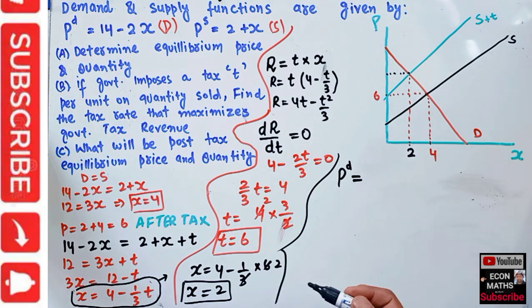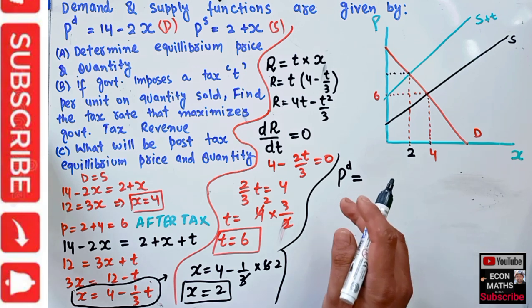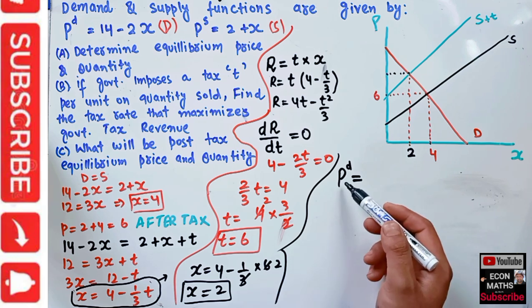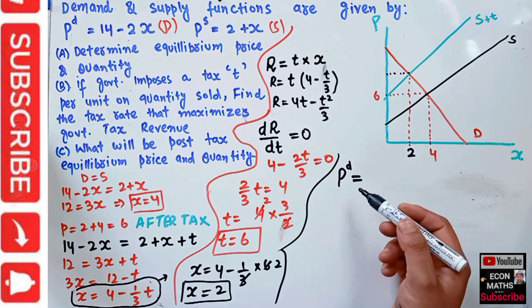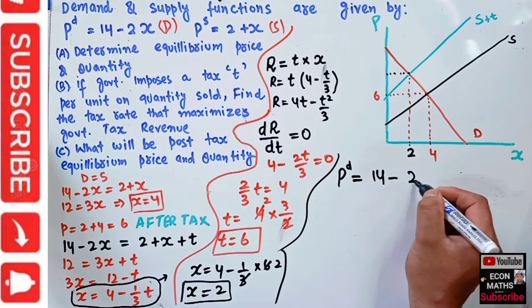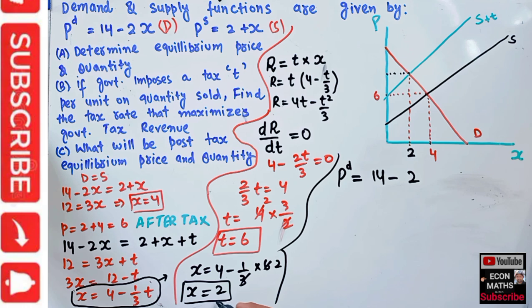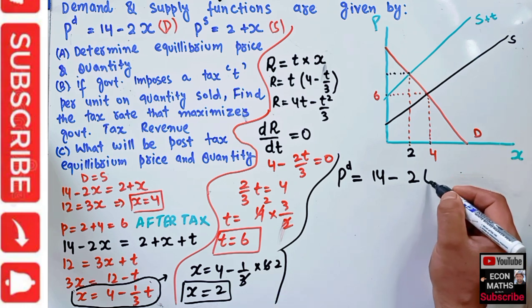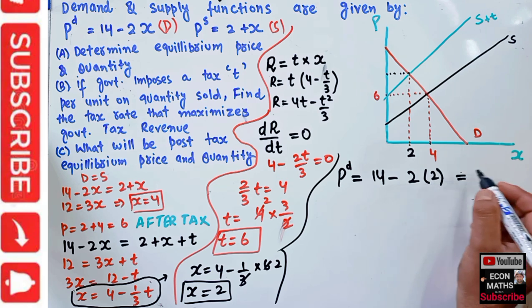We can also find out the price here, but we are not required to. The price that the buyers will be paying will be equal to 14 minus 2 times the new quantity transacted after the imposition of the per unit tax, which is 2, so it comes out to be 10.